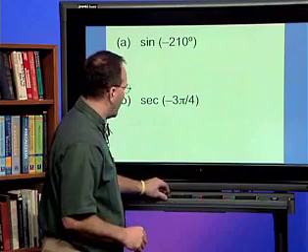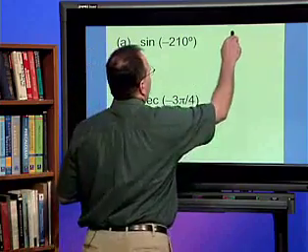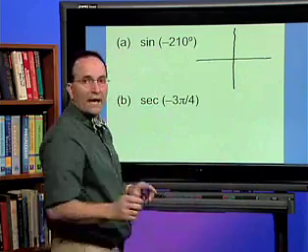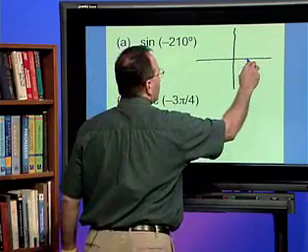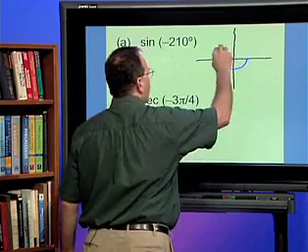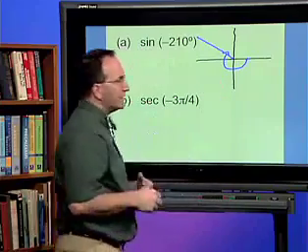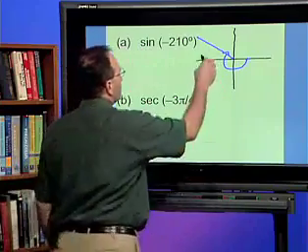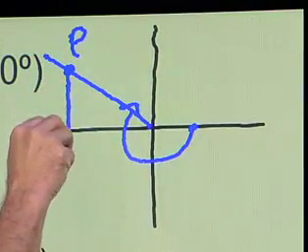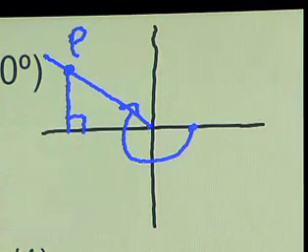And in this case, I would have for sine of negative 210, what happens is I start here and bring my angle all the way around to here. And then I just label some point, P, and I drop my perpendicular. So this is my reference triangle.